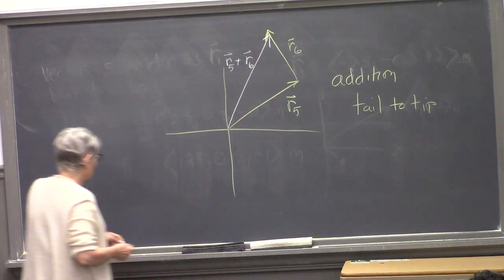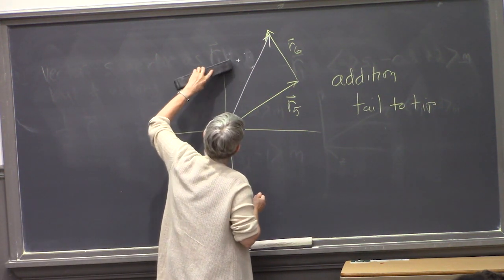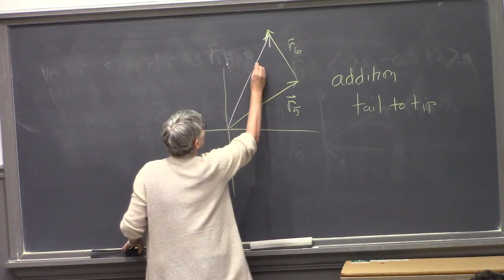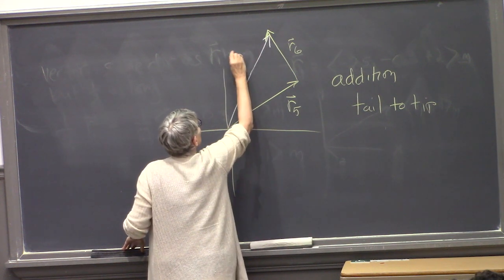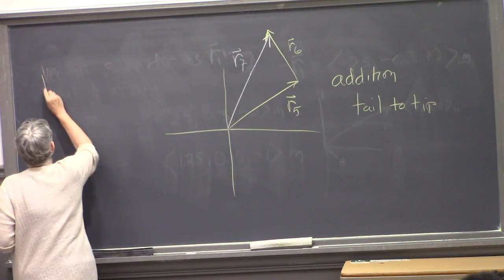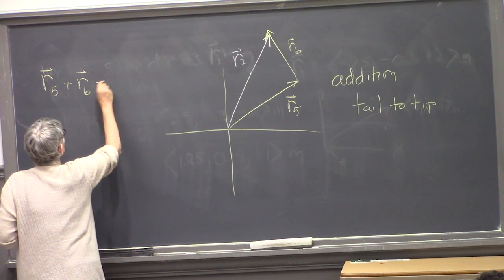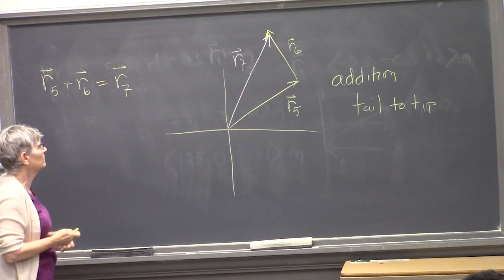So let's call this guy, so we can do some algebra, R7. So we have that R5 plus R6 equals R7.